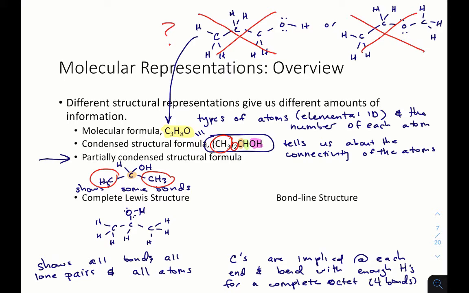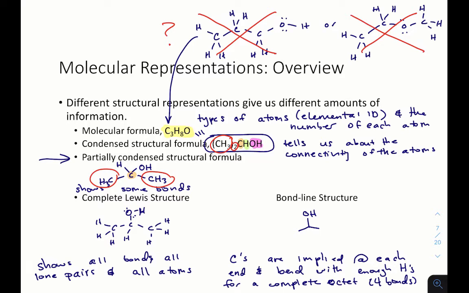The bond line structure of isopropanol would look like this. Wow, that took me I don't know how long. Wow, that took no time at all to write. It's much more efficient, and I clearly see the OH part, which is going to be an important part of the molecule. All right, how did I do that?